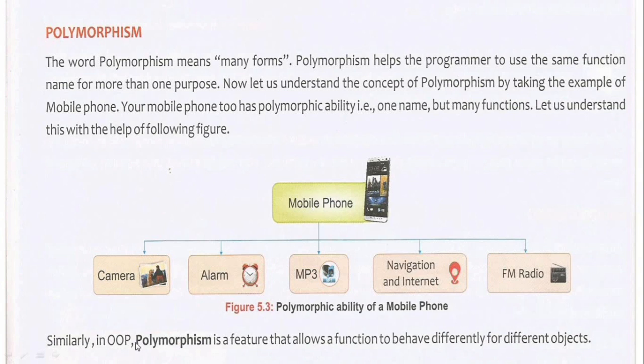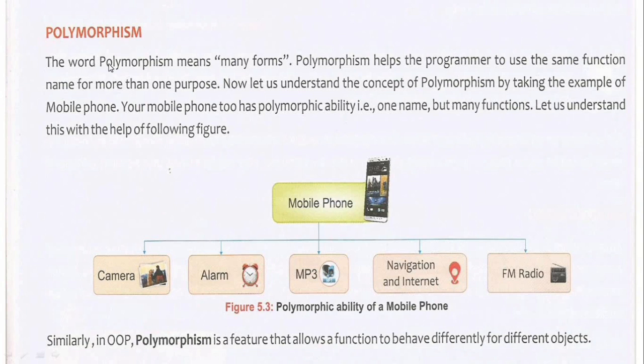Similarly, in object oriented programming, polymorphism is a feature that allows one function to behave differently for different objects. That means the same function can be used for the different objects, and it will show different behavior as it interacts with different objects.